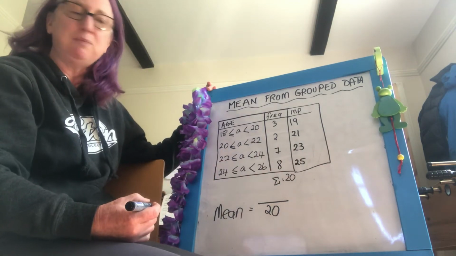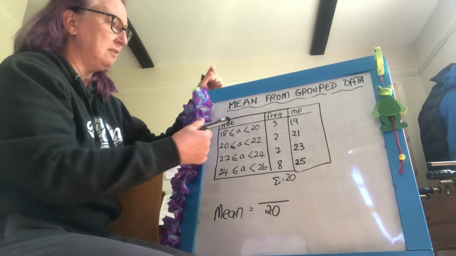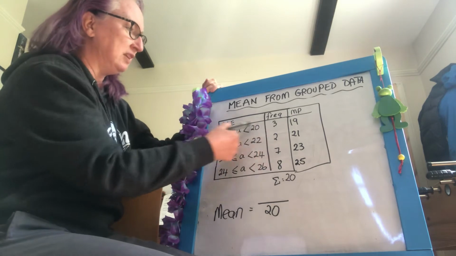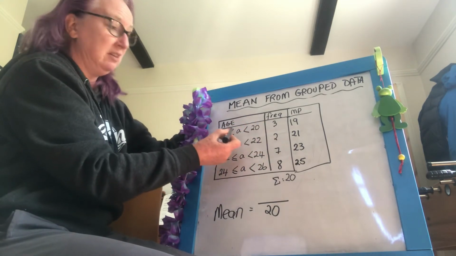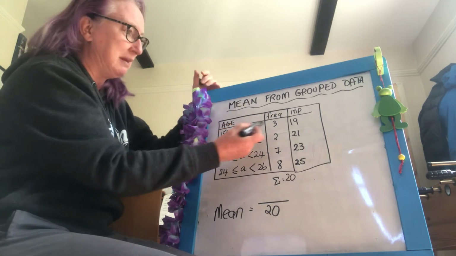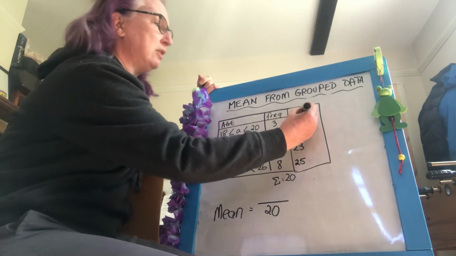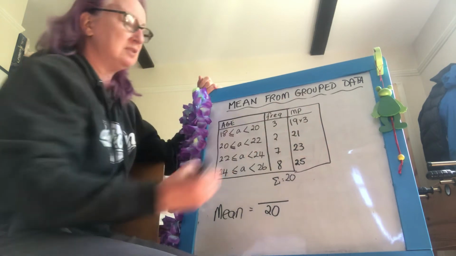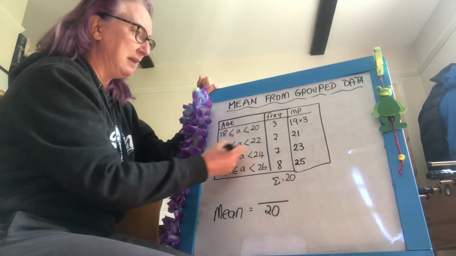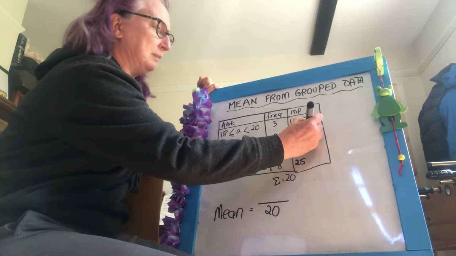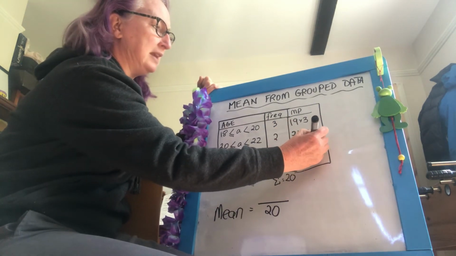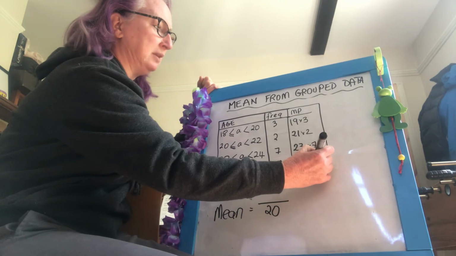So they're the midpoints of the groups. Because we don't know exactly how old these 3 people were, they might have all been 18, they might have all been 19 and a half, we don't know. So we're estimating, saying they're 19, and there's 3 of them. So we do 19 times 3. This one we've estimated, we've rounded it off that everybody was roughly 21, and there's 2 of those people. There are 7 people here, and there are 8 people here.